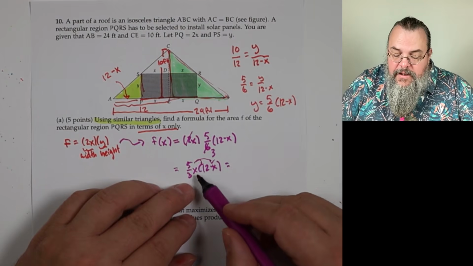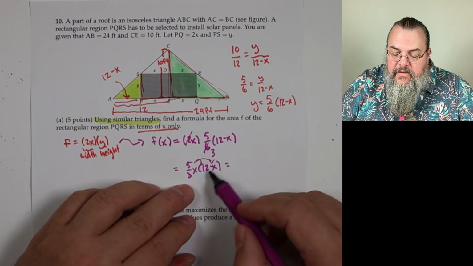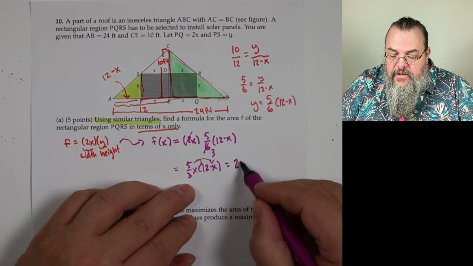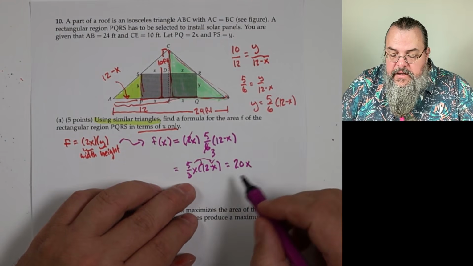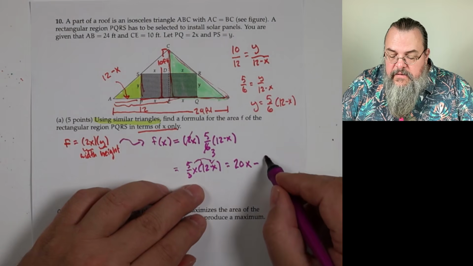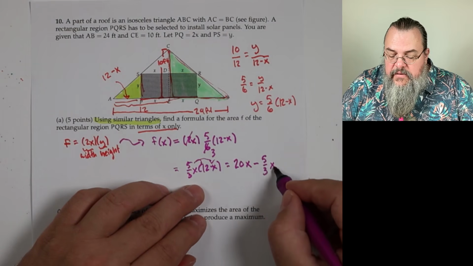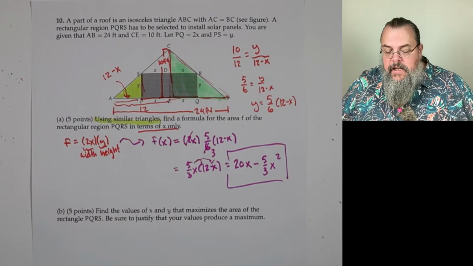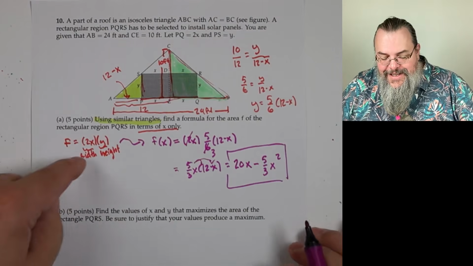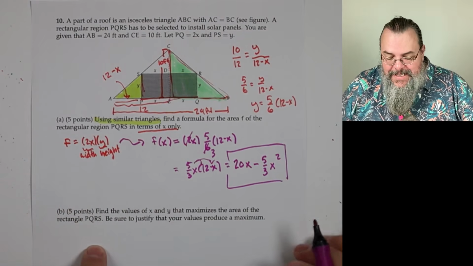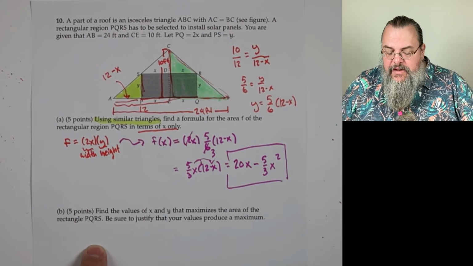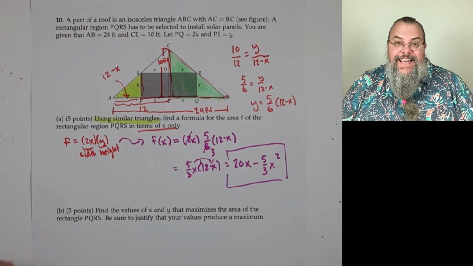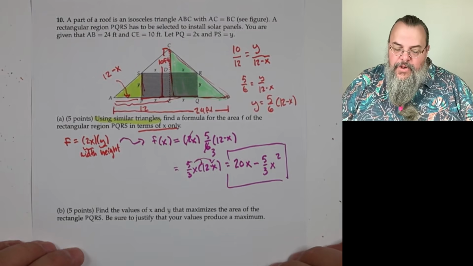And what do we have? Well, 5/3 times x times 12. Well, 3 goes into 12, and so that will give us 20x. And then we're going to subtract 5/3 x squared. All right, so there's a nice function. And I cleaned it up because I peeked ahead, and it says, find the values that maximize. Ah, okay. Cool.